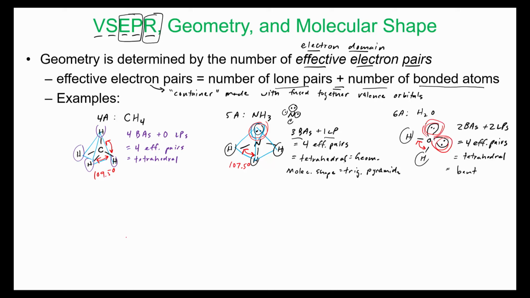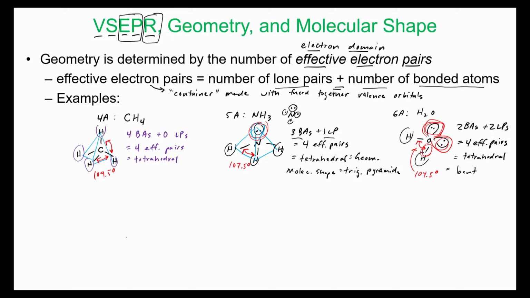These domains to hold lone pairs are much bigger than the domains to hold bonded atoms, just because the lone pairs are not bonded to anything, so the location of the electrons is a little bit more randomized. Here they need to be much more exact for the orbitals to overlap. So this bond angle gets squished a little bit more than 109 and 107. This happens to be 104.5, just because of the presence of the extra lone pair.